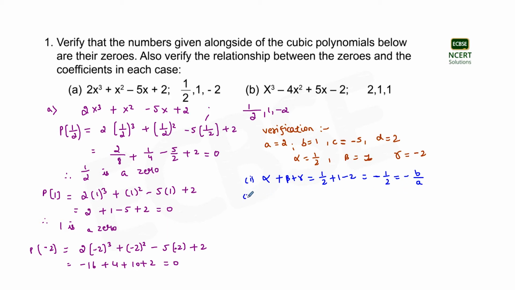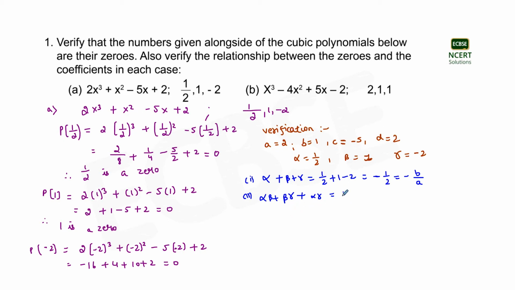Now coming to the second relationship, it says alpha into beta plus beta into gamma plus alpha into gamma will be equal to c over a. First of all, let us substitute the values of alpha, beta and gamma in this relation.